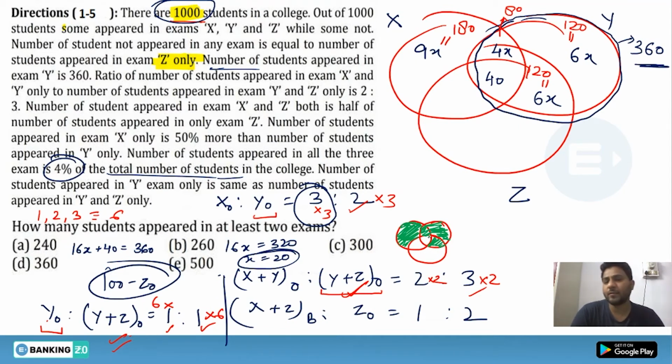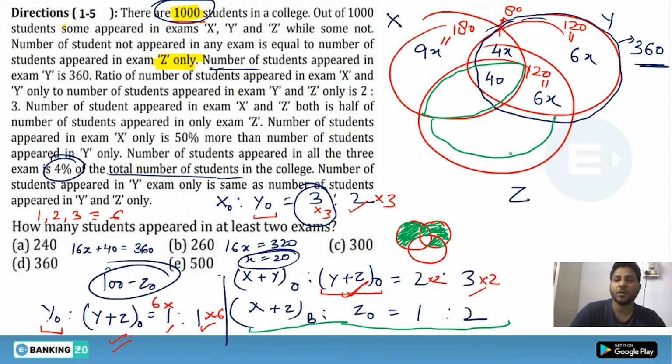But you will say, sir, we have found all three as well, but we don't use this data. Why? Because this relation belongs to XZ both and Z naught only. So you will take the relation of this as well.